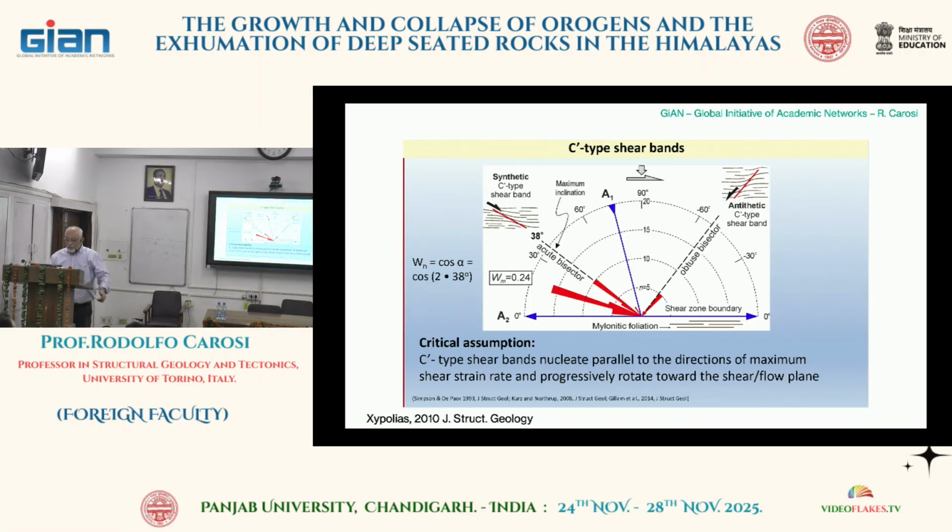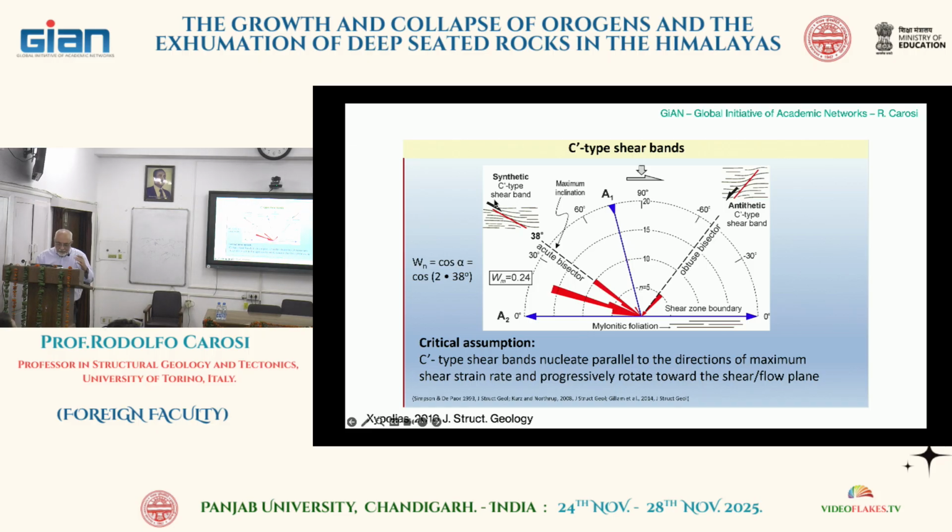Okay. I showed you two days before how C prime works. If you have this stable apophysis in the flow, and this unstable apophysis, the ones that rotate, usually the maximum shear strain is the bisector of this angle.